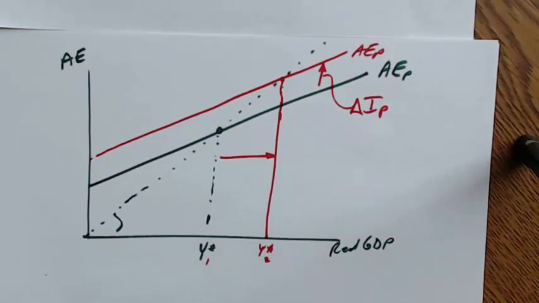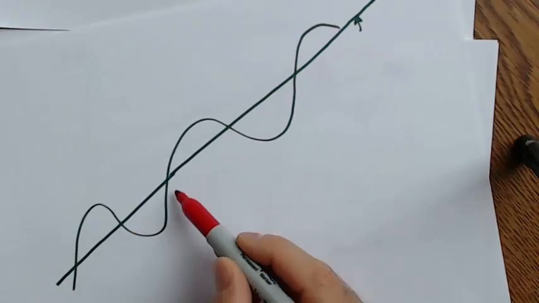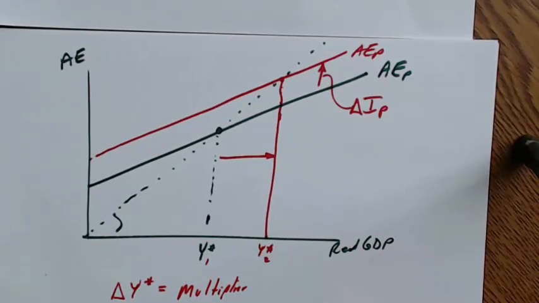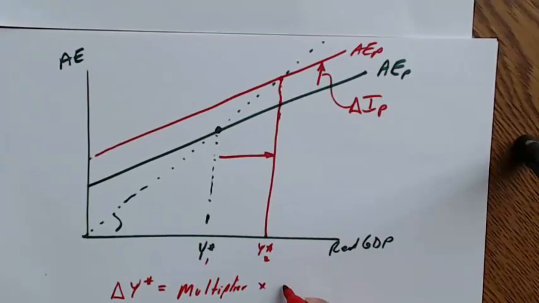And that multiplier effect is, again, what helps you snap back into equilibrium. And so the multiplier works like this. The change in Y star equals the multiplier times your change in planned autonomous aggregate expenditures.